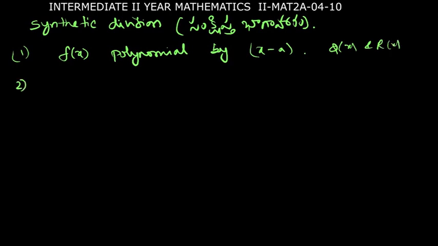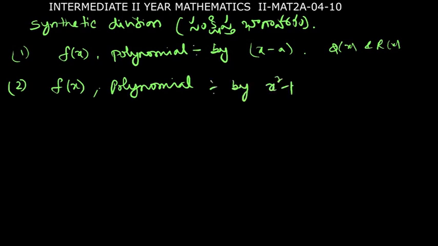Now in the second part, we divide a polynomial f(x) by x square minus px minus q and get the quotient and remainder.